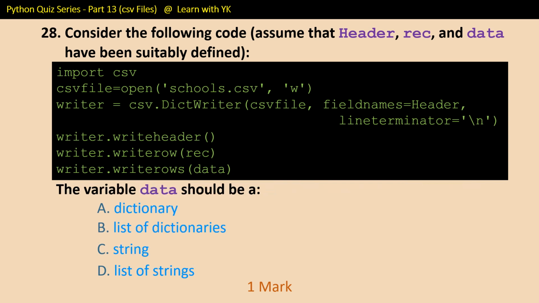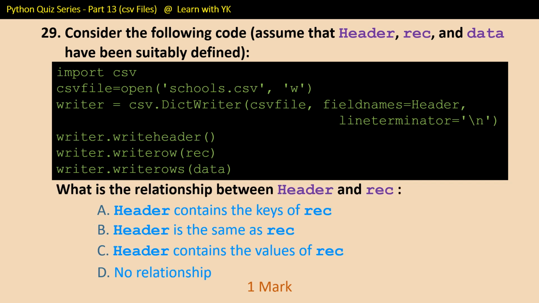Question number 28. Again the same code is given and you have to tell the variable data should it be a dictionary or a list of dictionaries or a string or list of strings. And the correct answer is option B. It should be a list of dictionaries.